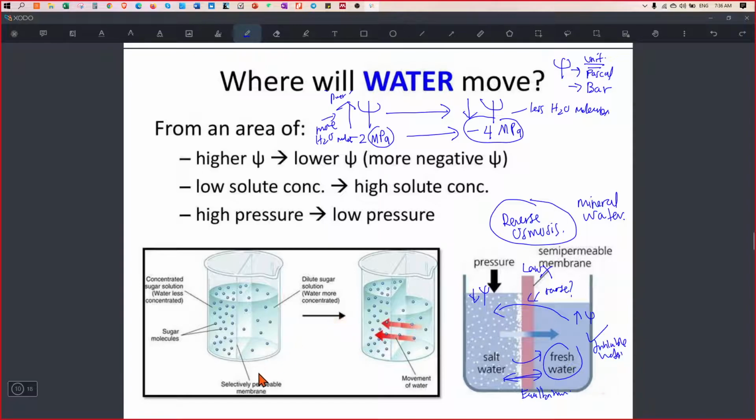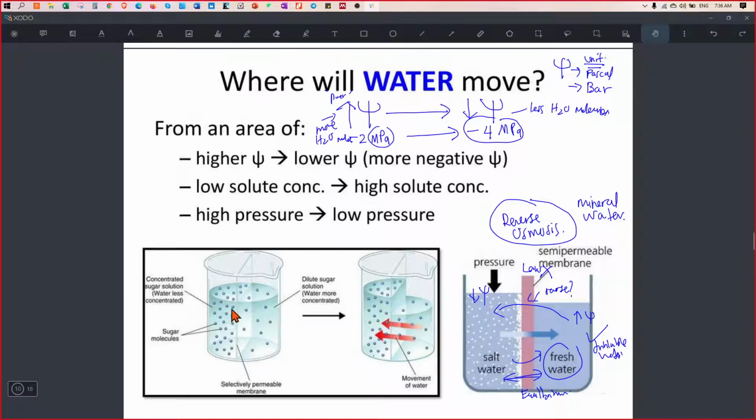All right, so this is another depiction of what's going on. You have two sides, one with more solutes, one with less solute. When you leave it after a while, you can see that the water is going to decrease in volume on this side, because much of the water molecules will go here, because eventually it wants to achieve similar water potential.